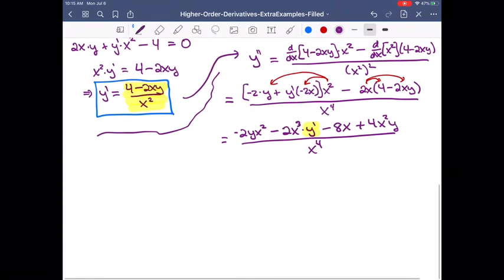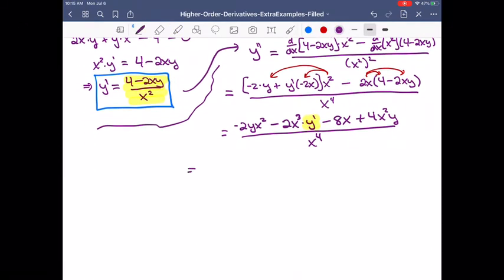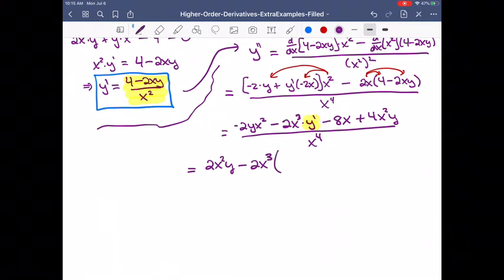Okay, so combining the like terms, the 4x squared y and the negative 2yx squared is going to become 2x squared y. And then I'm going to have minus 2x cubed times 4 minus 2xy over x squared minus 8x, and this is all over x to the 4.